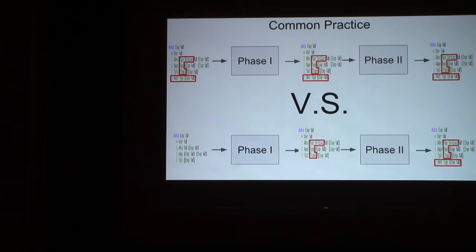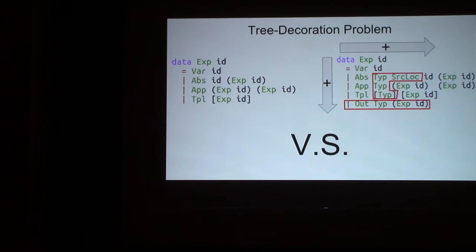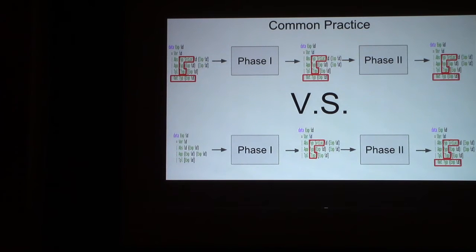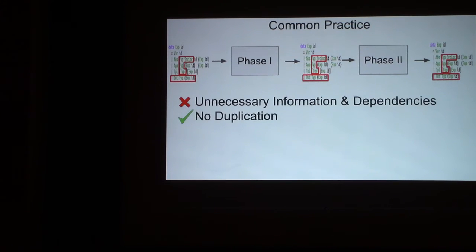Either we use this big decorated tree, the one on the right, everywhere, and that comes with its own problems, or we have three different ASTs, one per each decoration annotation that we need. Okay? So the first one, the upper one, where you use the same big large AST, has the issue that it has unnecessary information inside it and unnecessary dependencies.